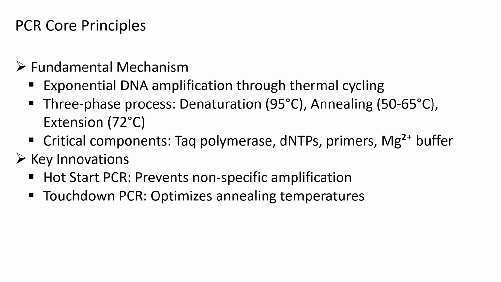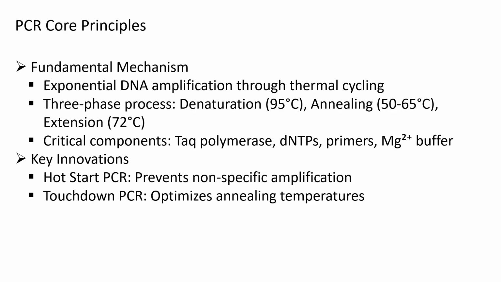So what we learned as a core principle is that the mechanism is based on exponential DNA amplification. It's an in vitro mode of the DNA replication that we see in our body. It's just what we do outside the body. It's exponential DNA amplification through thermal cycling, because it involves a lot of cycling of the temperature.